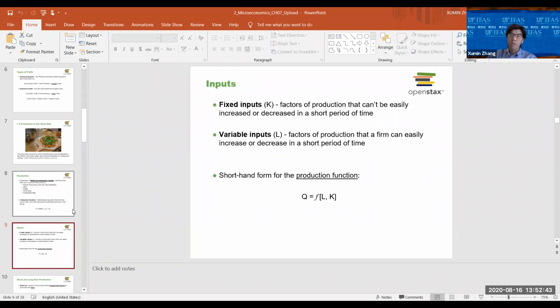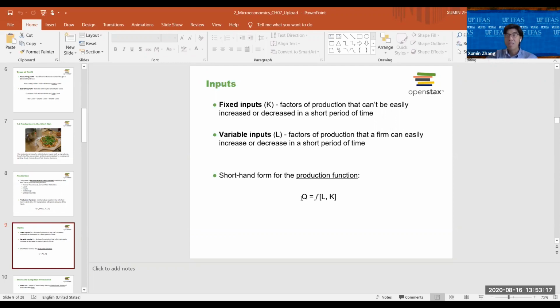The chef is the variable input, because in this case we have 4 chefs. 3 of those are, like, the owner is also a chef, but usually there are 3 chefs rotating on those 5 tables. So this is the labor. And then the fixed input, as I said, let's keep it simple, is the table, 5 tables.